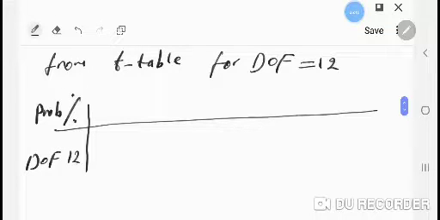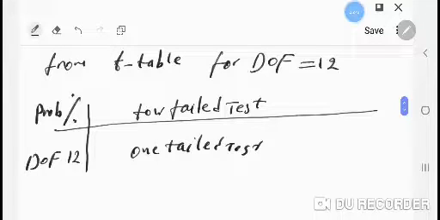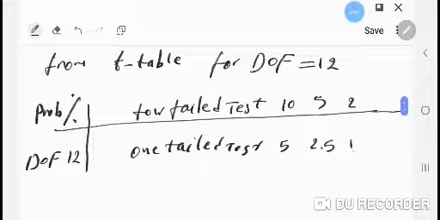For degrees of freedom 12 and a two-tail test, the probabilities, and for one tail, the percent of probability are 10%, 5%, 2.5%, 1%, and 0.5%.